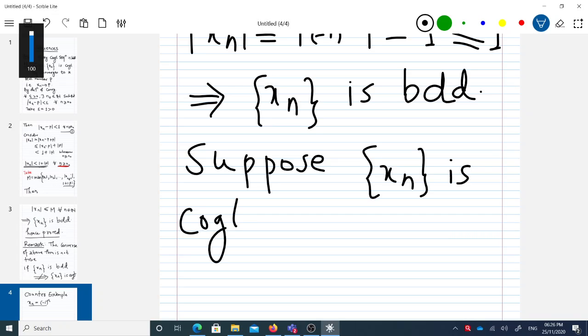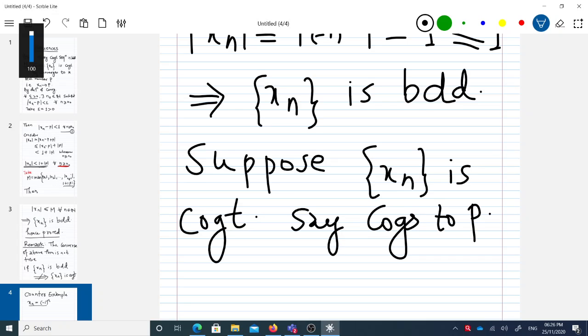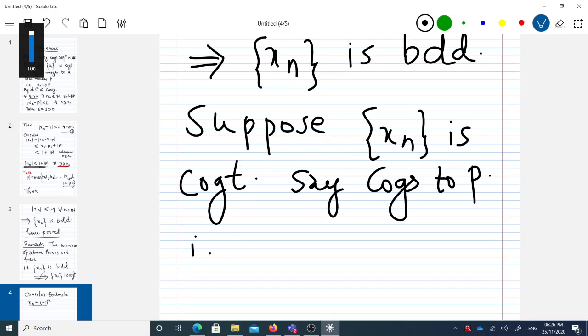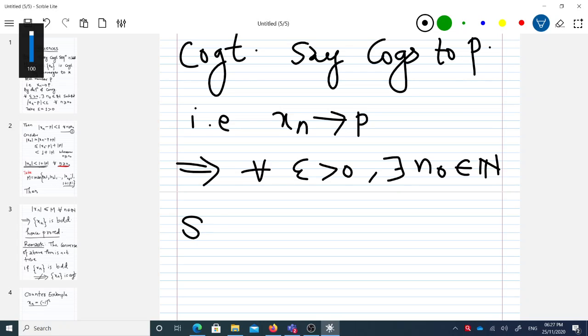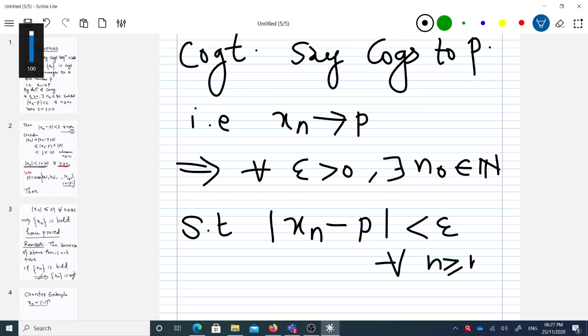Let's assume it converges to P, that is, xn converges to P. By the definition of a convergent sequence, for all epsilon greater than 0, there exists n naught belonging to the natural numbers such that modulus of xn minus P is less than epsilon for all n greater than or equal to n naught.